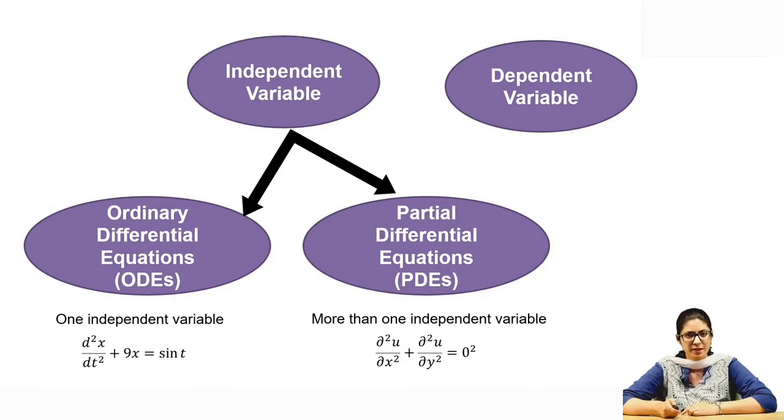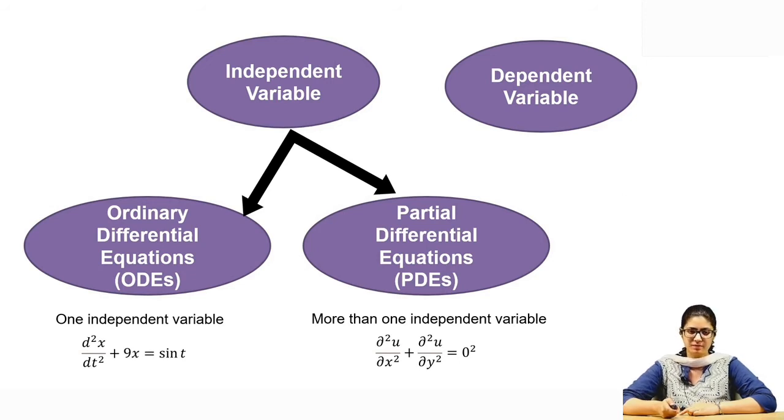Suppose, with respect to time, I wanted to check whether a student is studying or not, and if that student is studying, how much they are studying. That is governed by independent and dependent variables. So the independent variable in that case would be time, and the dependent variable would be how much the student is studying.